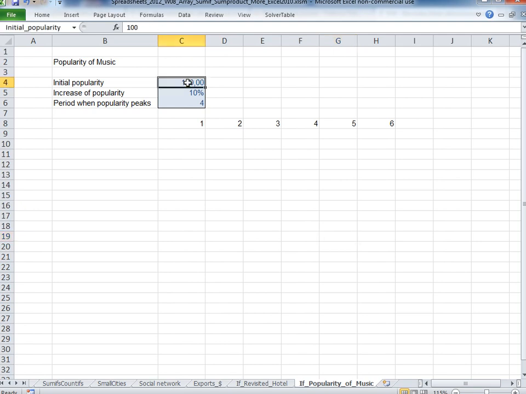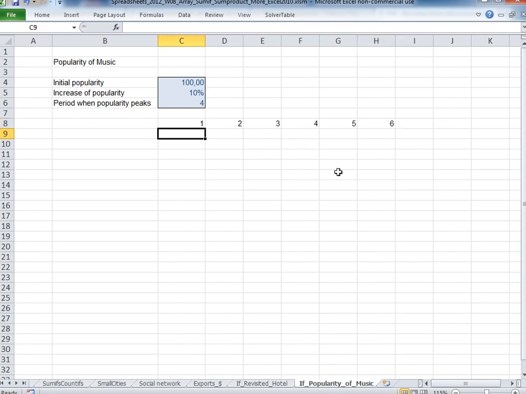Its initial popularity is 100,000 and the number of people buying it is rising by 10%. 100,000 is the popularity in the first period, and the popularity rises by 10% until the fourth period, in which it stays the same, and then in the fifth and sixth period it falls by 10% because the song is already not as popular. And now we have to write one IF that deals with all these situations.